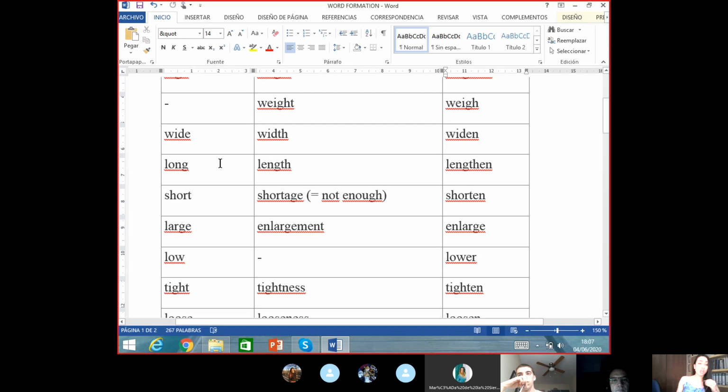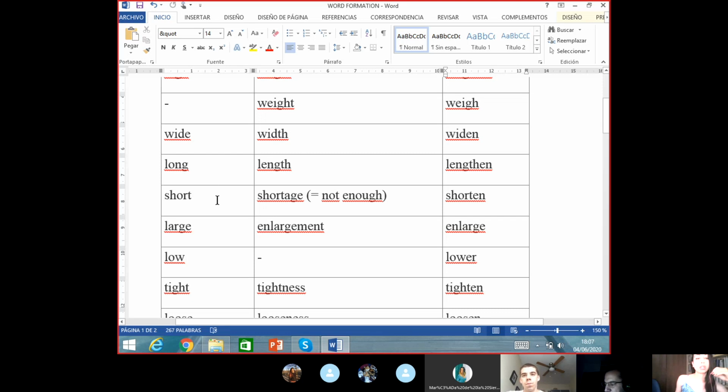For example, we've got long, she's got long hair, or the length of her hair is whatever. So length, el largo, la longitud. And lengthen, guys, would be alargar.